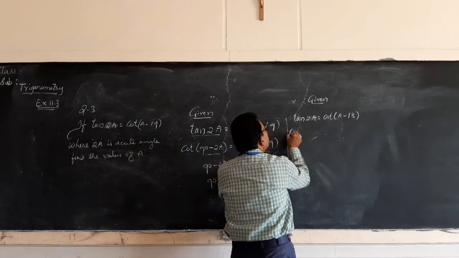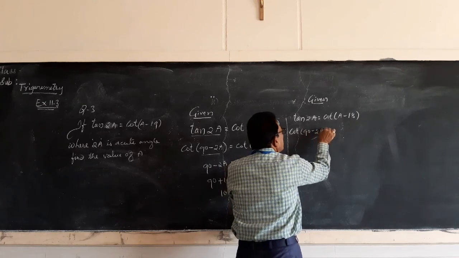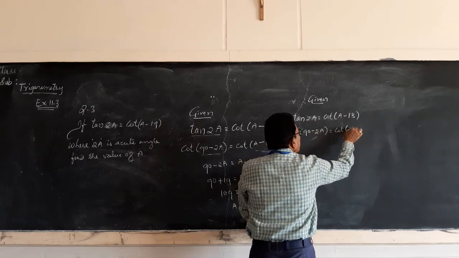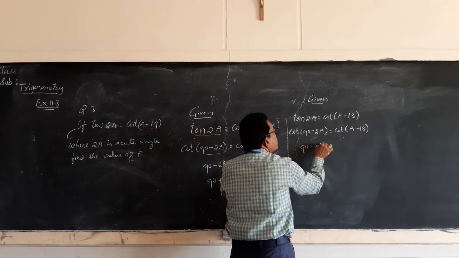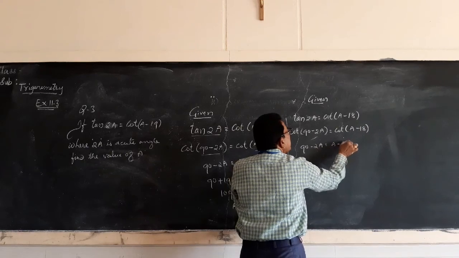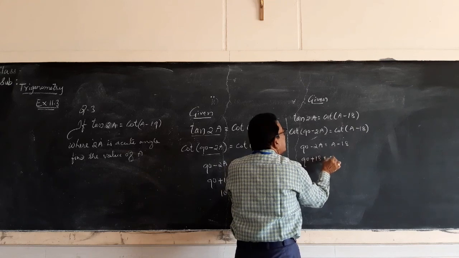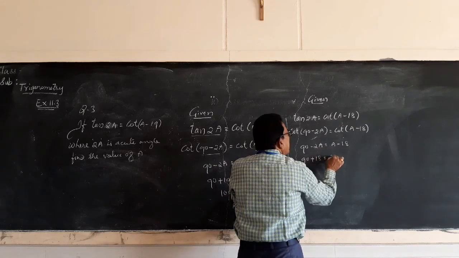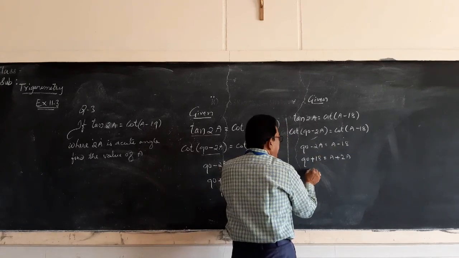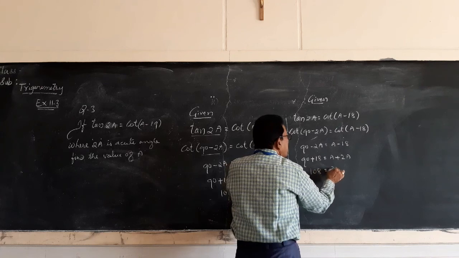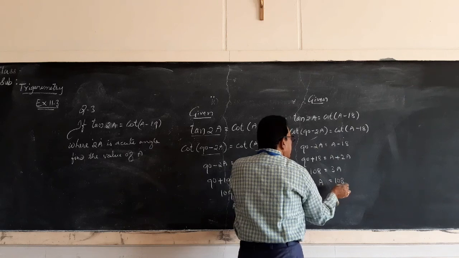So tan 2a we can write cot of 90 minus 2a equals cot of a minus 18. So 90 plus 18 equals a plus 2a, minus 2a gets transferred. So 108 equals 3a. Therefore a equals 108 divided by 3.